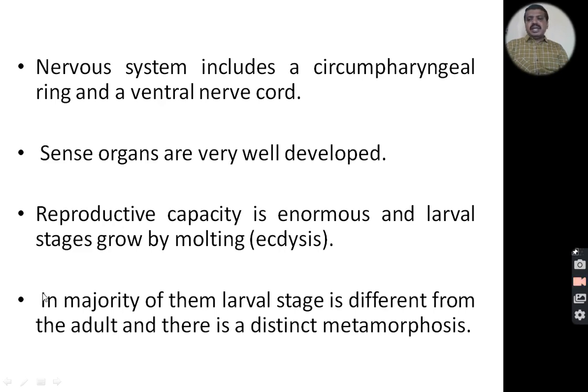In the majority of them, the larval stage is different from the adult stage, and there is a distinct metamorphosis. The larva is entirely different from the adult as far as resemblance is concerned. The larva undergoes a metamorphosis process in order to form the adult insect.